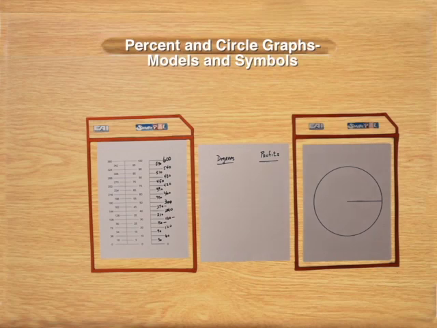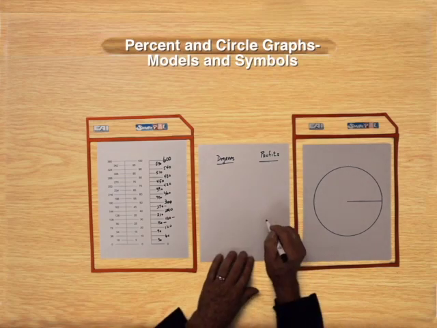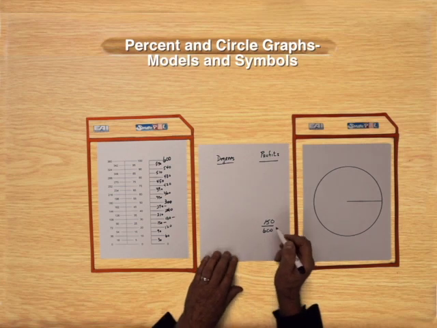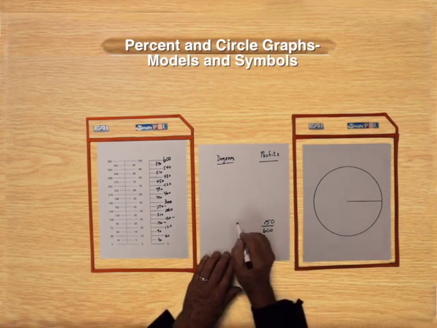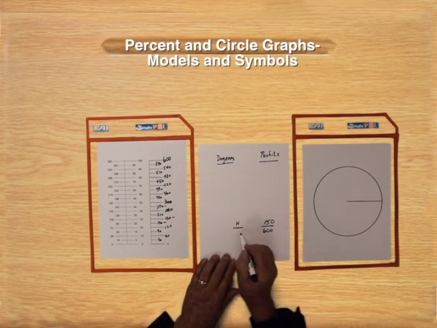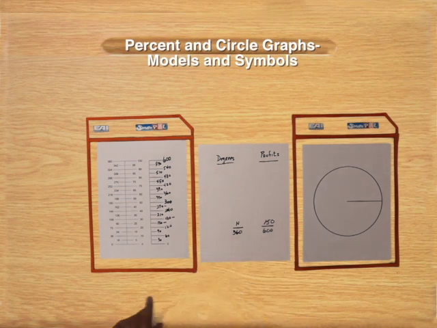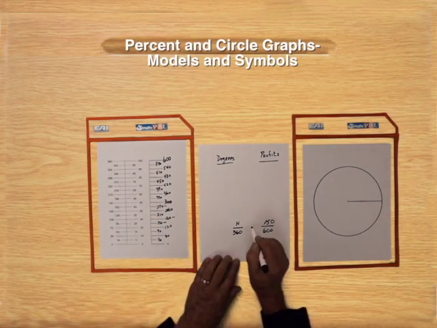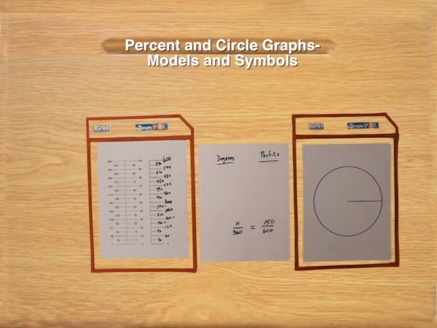Well, let's look at the 150. 150 is in the same relative position to 600 as some number of degrees, and we'll just say n, is to 360 degrees in the circle. Now we know the answer is going to be 90. But if we did not have the grid, we would have to set up this proportion.